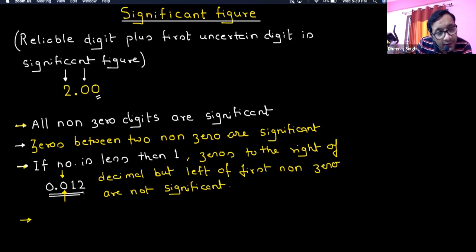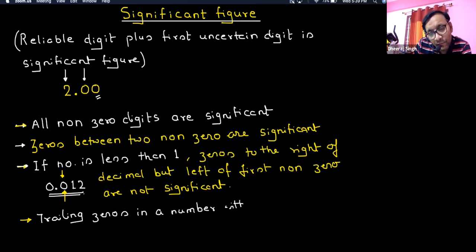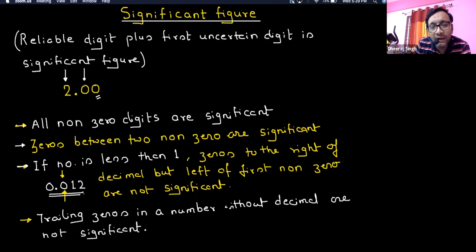Write down, trailing zeros in a number without decimal are not significant. Now we cannot debate why they are not significant, or why they should not be.